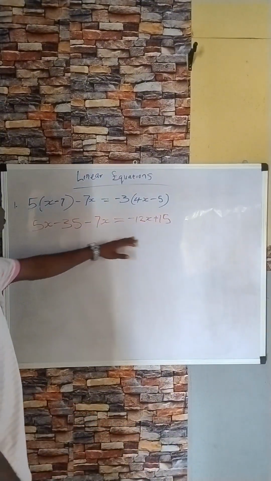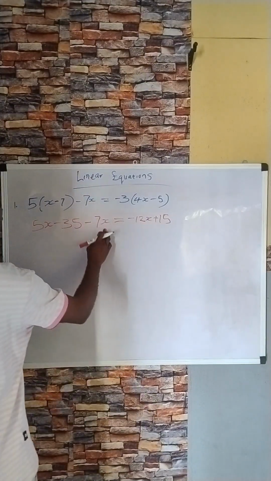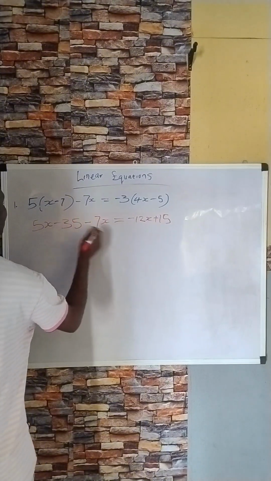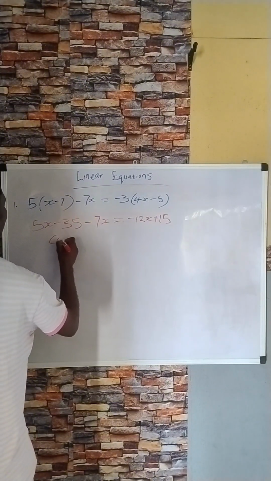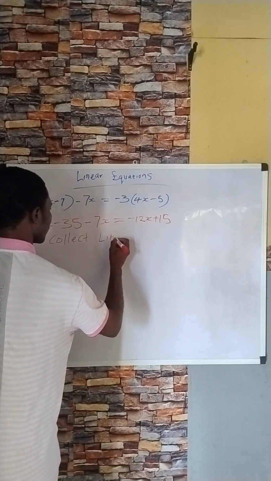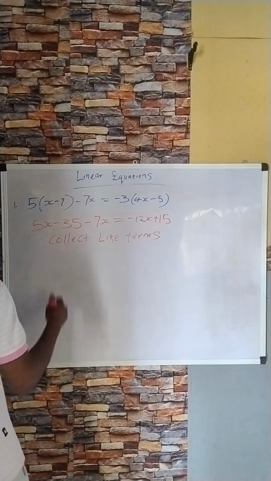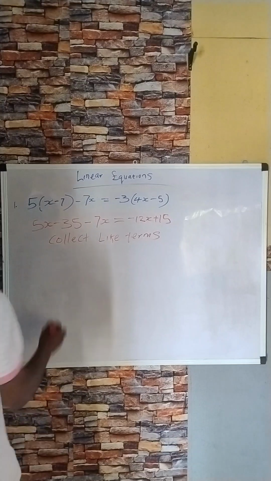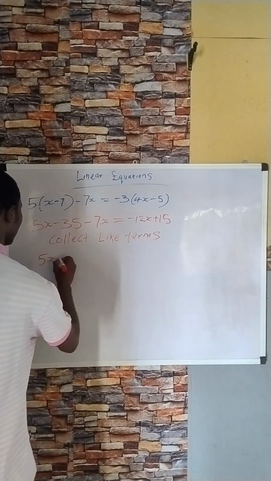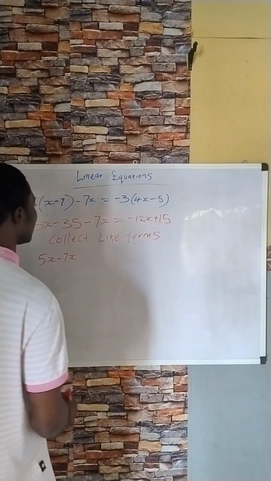What is the next step we have to take after this? When we have something like this, how do we make x the subject of this formula? What you have to do is collect like terms. So to collect like terms, we have 5x and negative 7x as like terms at the left hand side of this equation.